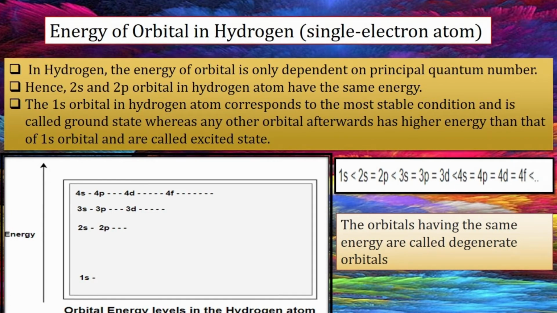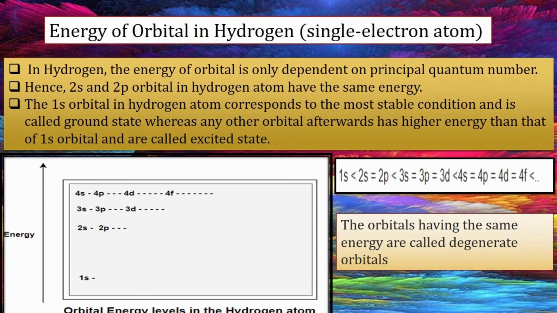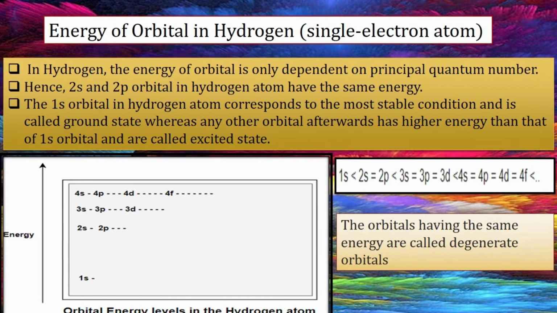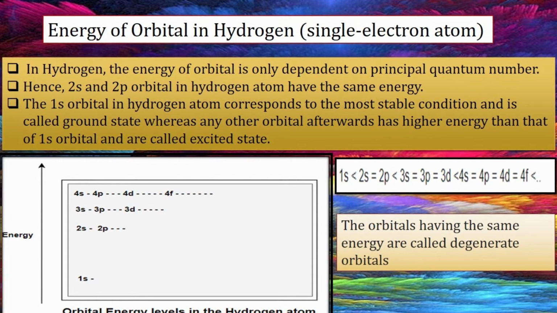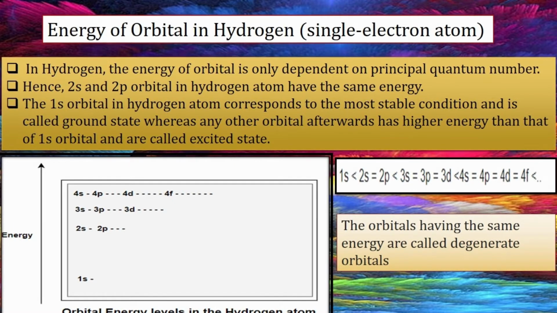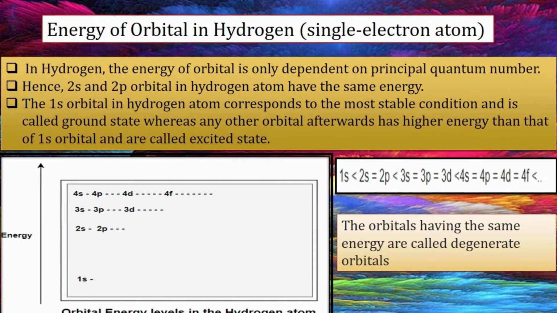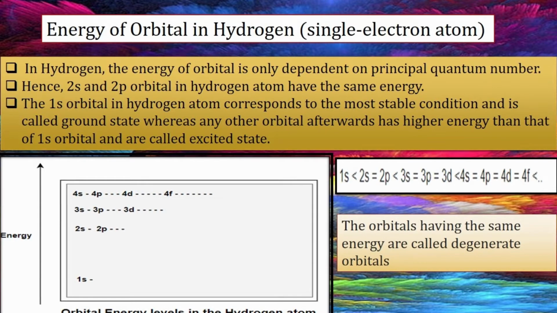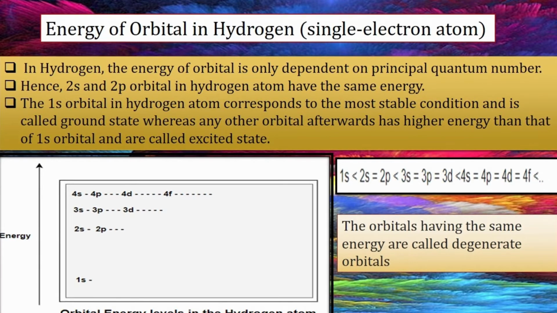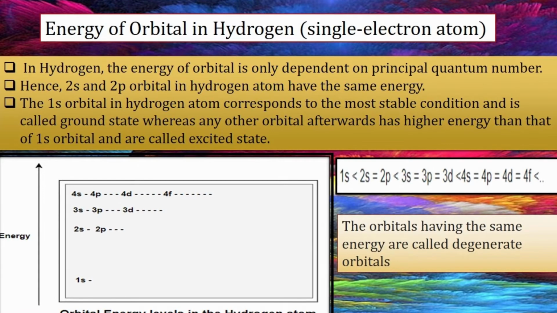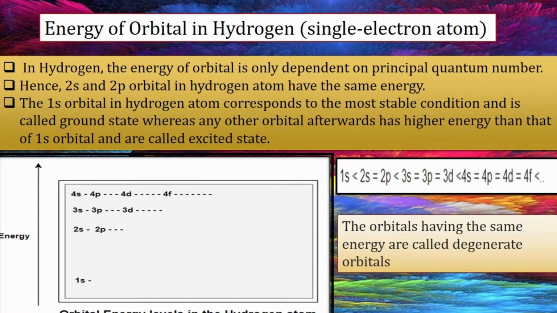In other words, all the subshells in a given principal shell, that is s, p, d and f orbitals, will have the same energies. For example, if you consider the 2s orbital and 2p orbital, they are found to have the same energy.